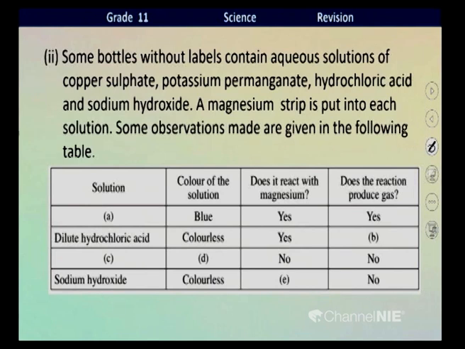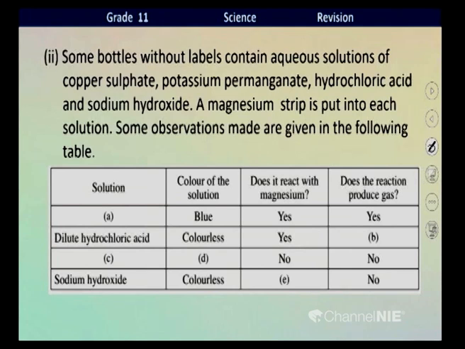See, the solution A, we don't know what the solution A is, right? Color is blue. If the color is blue, children, now we can identify the solution A. Solution A must be copper sulfate, right? Okay. Then it says, does it react with magnesium?